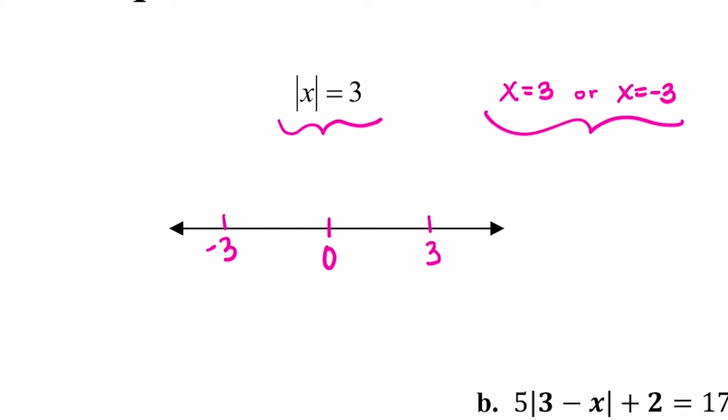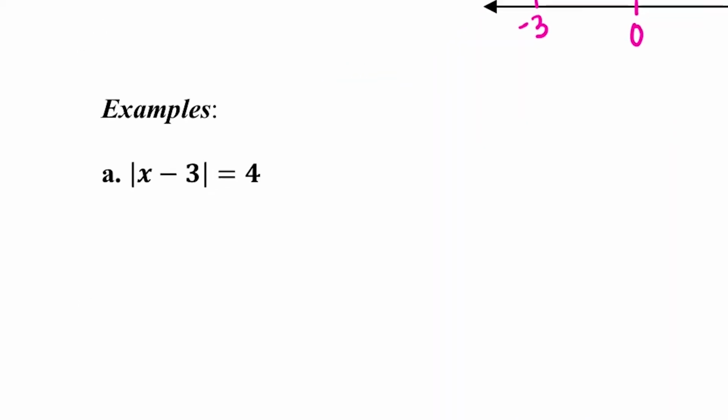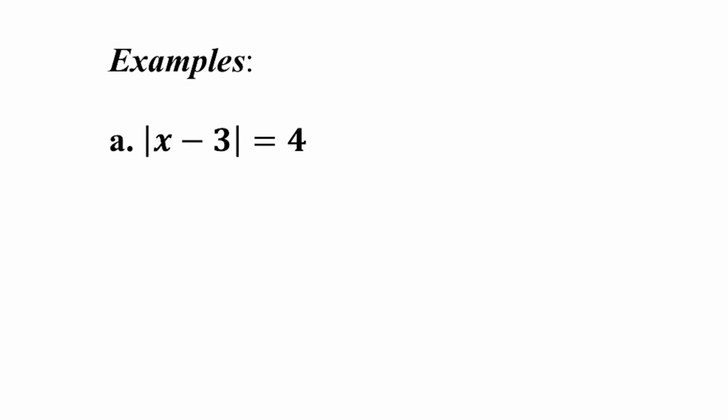What you probably know about an absolute value is that when you see these bars, an absolute value will make anything inside positive. So we came up with these answers 3 and negative 3, but when you take the absolute value of either of those, they will give you a positive 3. So if we come down here to our first example, the absolute value of x minus 3 equals 4.